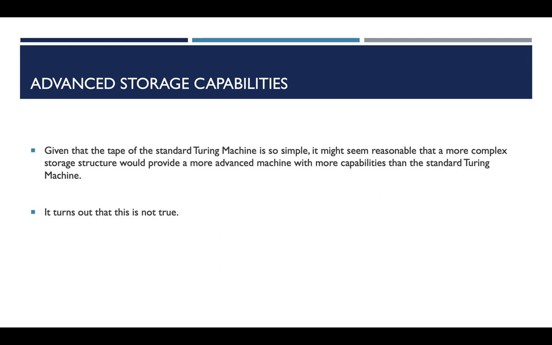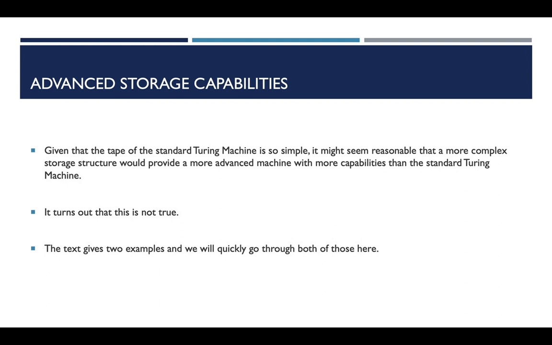It is not possible to get to a Turing machine that is capable of solving additional problems by simply modifying the storage capabilities of that machine. And so the text gives two examples, and I want to quickly go through those examples.